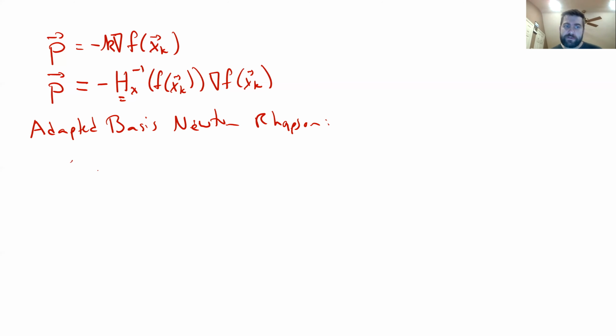What we do is we compute an approximate H inverse that we can think is close in some sense to the true Hessian, but much, much easier to compute.